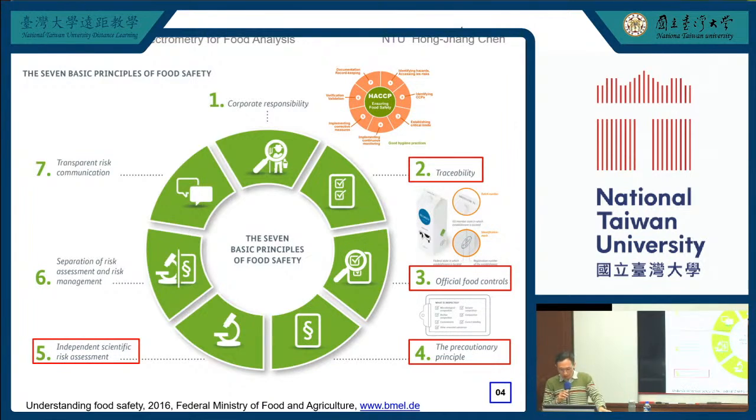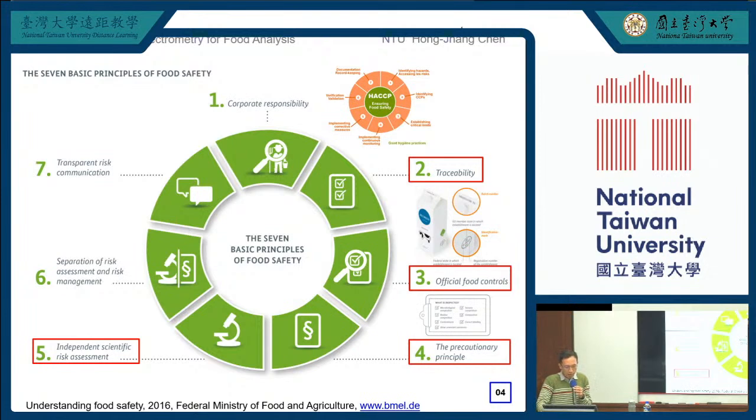And the precautionary principle is very, very important to prevent food scandals. However, it needs a novel technology, so-called non-target analysis, to detect contaminants rather than the traditional way. Of course HRMS could do that; high-resolution MS technology could do that.